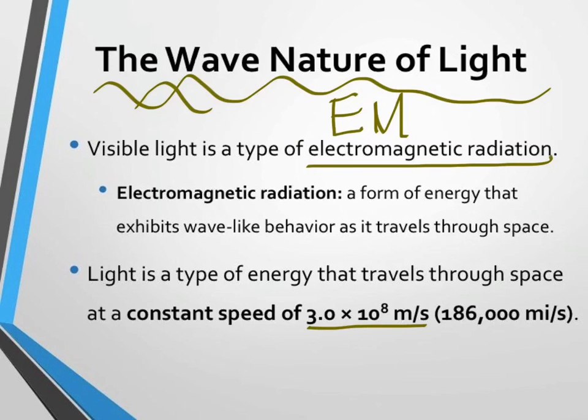I'm not always going to give it to you in meters. I might give it to you in nanometers. So 3.0 times 10 to the 17th nanometers per second. This is a constant. It never changes. Microwaves travel at the speed of light, 3 times 10 to the 8th meters per second.